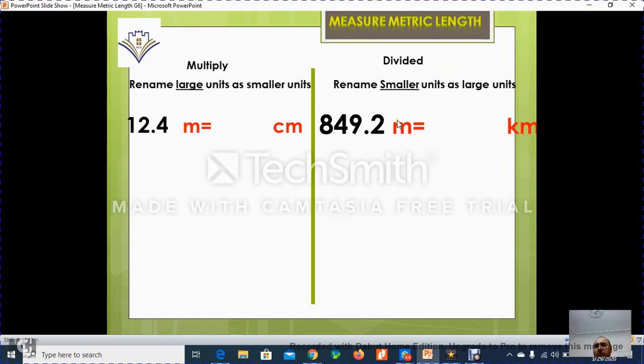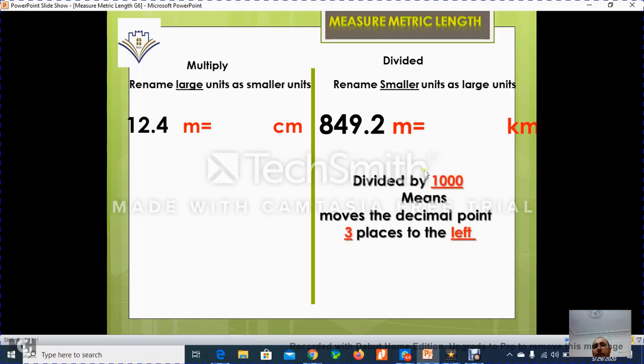Then how many jumps from meter to kilometer? We said before 1000, which means when we divide by 1000, we move the decimal point 3 places to the left.